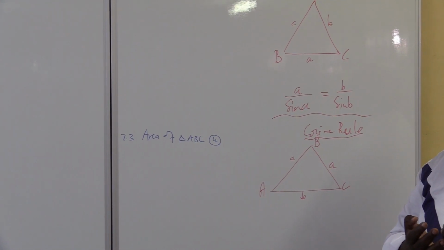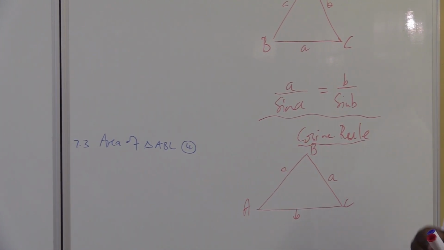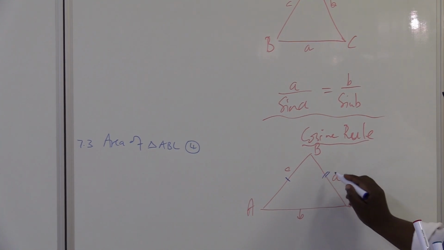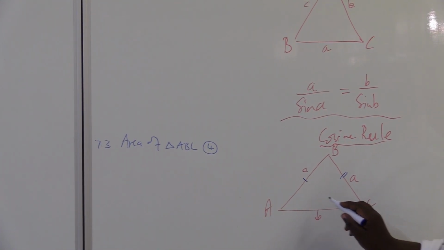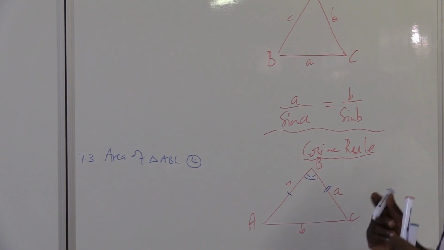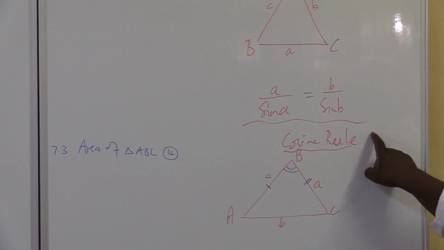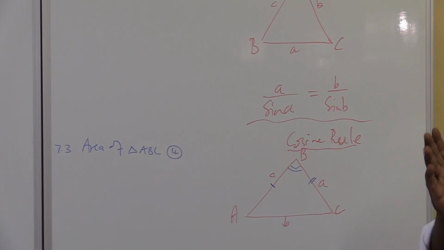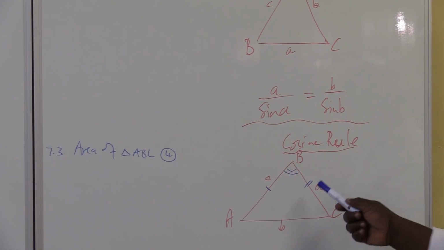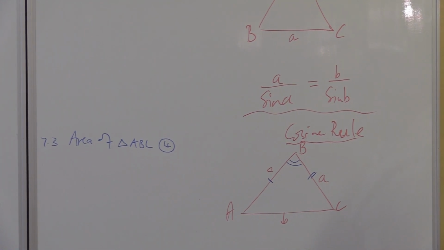We use the cosine rule when we are given 2 adjacent sides and an included angle. Let's make an example. If I'm given this side and the value of this side, I can't be given this angle or that angle. I must only use the angle between the 2 given sides. We call that angle the included angle. So for me to use the cosine rule, I must have 2 adjacent sides and an included angle. If I have that, I use a cosine rule. But if I don't have that, I will use a sine rule.